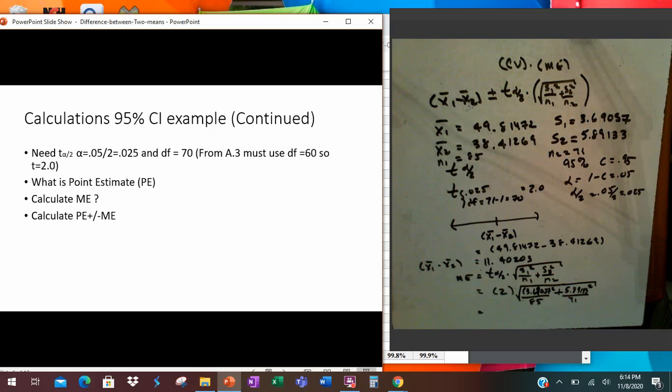So I'm going to do this on my calculator. 2 times, second, I'm going to use the square root function. 3.69057 squared divided by 85 plus 5.89133 squared divided by my 71, and close all of that up.